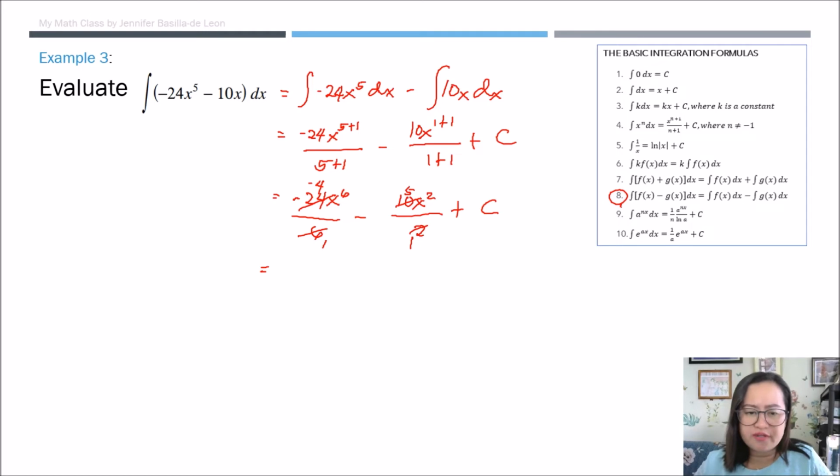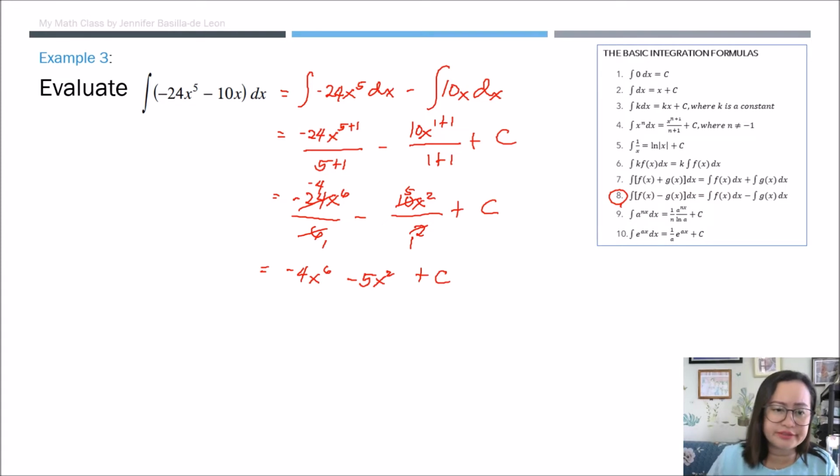So simplifying further, we will have negative 4x raised to the 6th power minus 5x squared plus c. Therefore, the function having a derivative of negative 24x raised to the 5th power minus 10x is that function defined by negative 4x raised to the 6th power minus 5x squared plus c.